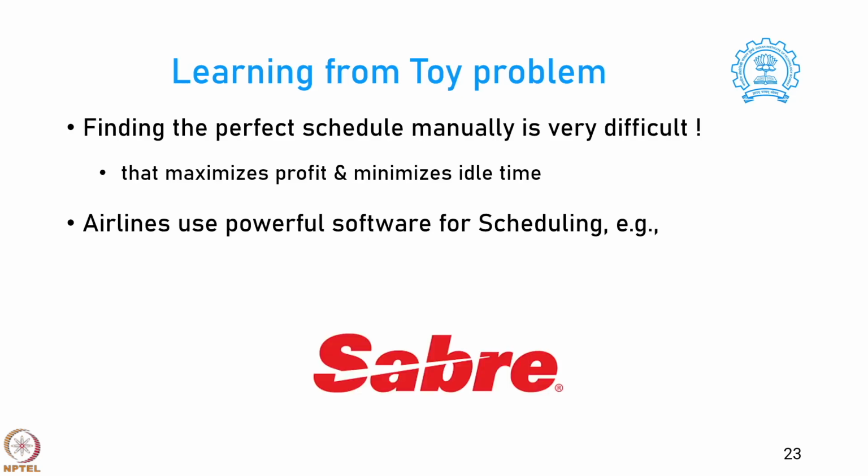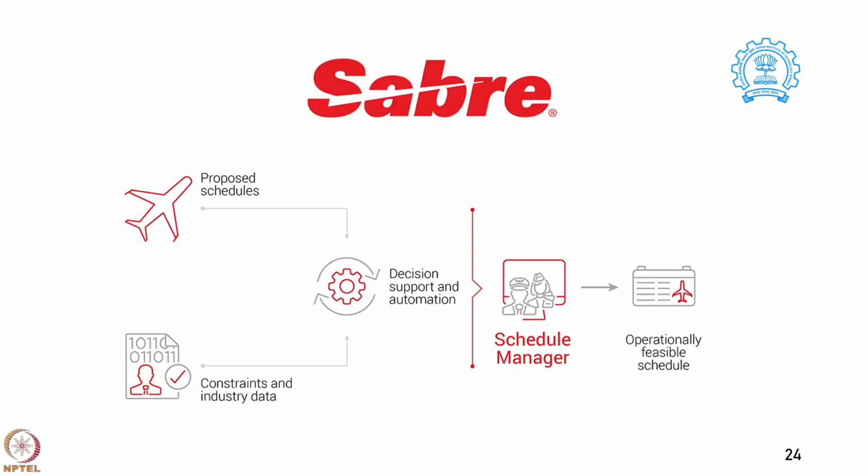One example of that is Sabre. Sabre is a tool that uses a combination of technology, that is data crunching, as well as the experience of schedule managers, so it is a decision support system which automates the information.